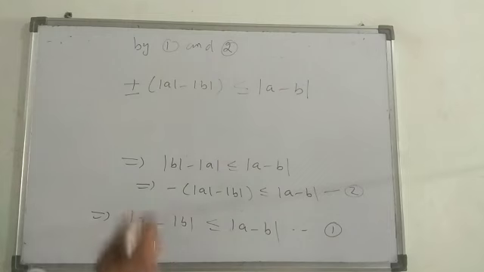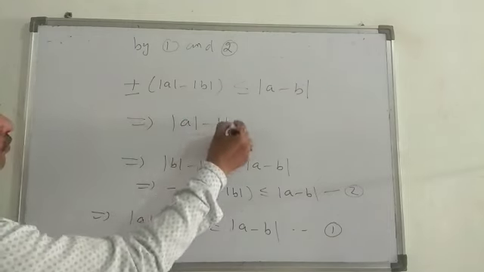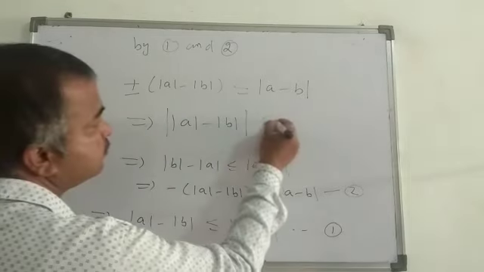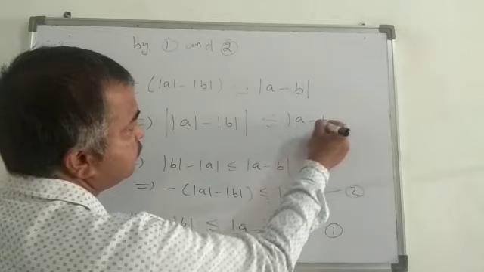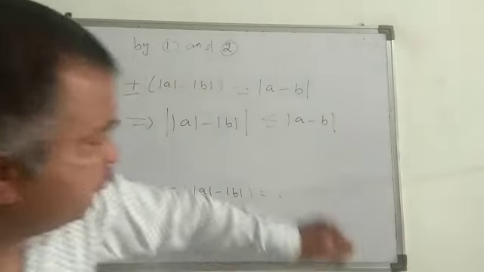So by the definition of absolute value, replacing plus-minus by the modulus sign, ||a| - |b|| is less than or equal to |a - b|. So this proves the first corollary.